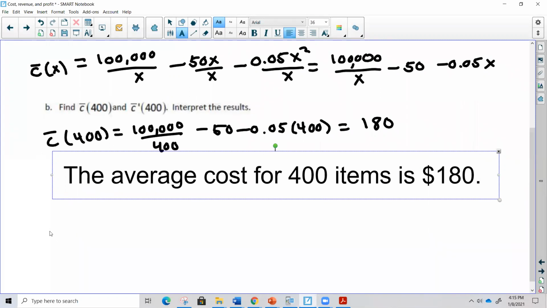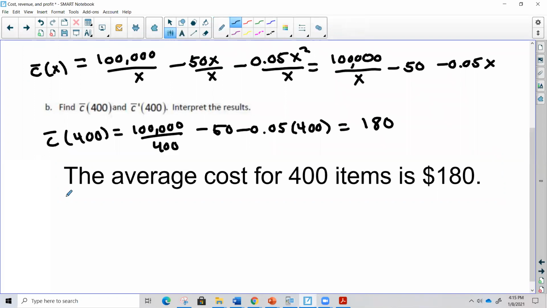All right, so then B says find C prime with the bar, so the derivative of the average cost of 400. So we are going to find C prime of this function. Now, to do this, if I write this function, I need to move this x out of the denominator.